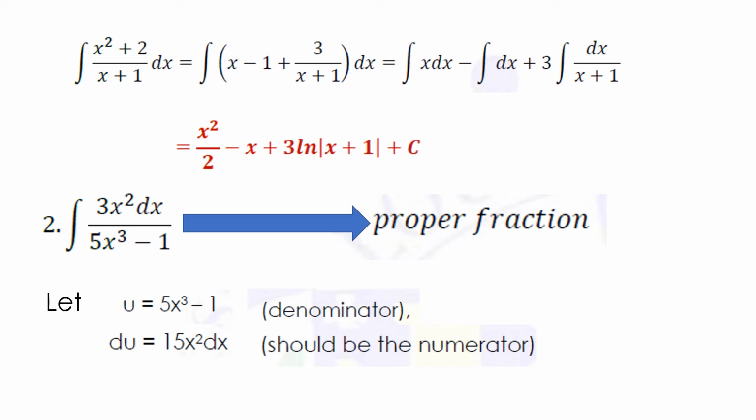And this 15x squared dx must be found in the numerator. If we observe the numerator of this problem, we have a 3x squared dx. But what we needed is a 15x squared dx. So in other words, it lacks 15 at the numerator of the rational fraction of the integrand.